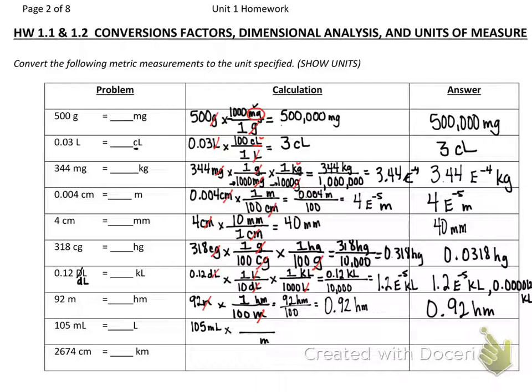Milliliters again in the denominator because we want to get rid of it. We have 1,000 milliliters in 1 liter. We can now cancel out our milliliters. And again, 105 times 1 is 105 liters, but our denominator is still 1,000. 105 divided by 1,000, we end up with 0.105 liters.